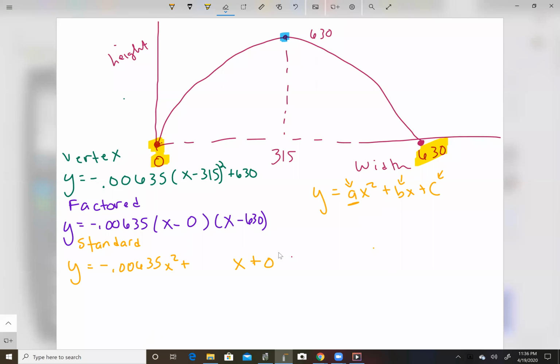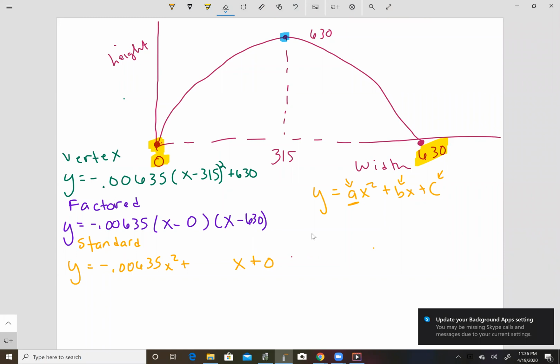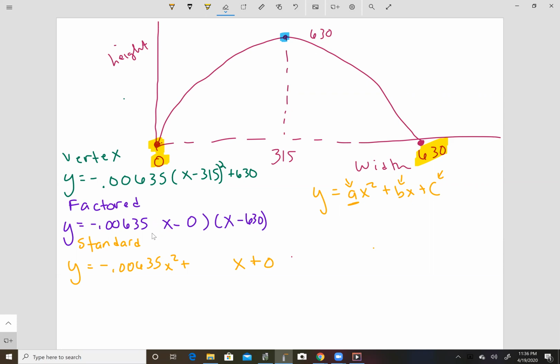So in order to find b, we just have to simplify this a little bit. What I'm going to do is just use an area model to multiply these together. So x minus 0 times x minus 630.